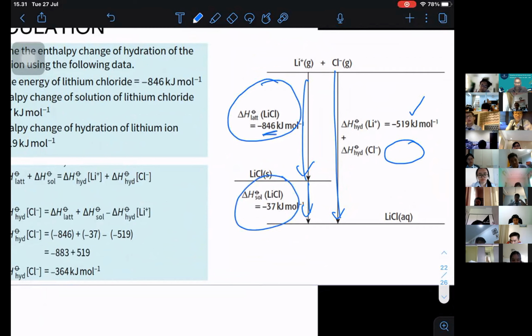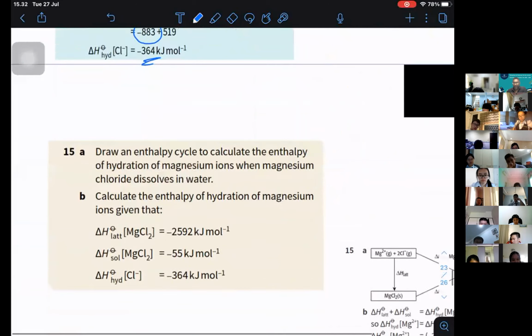This one plus this one, let's say that is going to be negative 883. So this one plus A must also be negative 883. So you can just find what A is, and you will get negative 364. So this is going to be easier if you use the second method. Please remember how to use it.